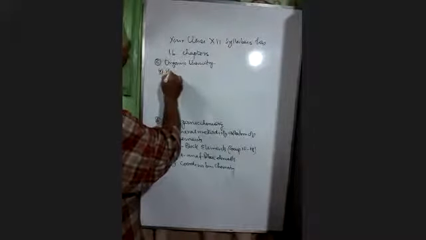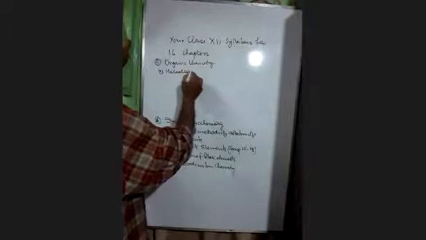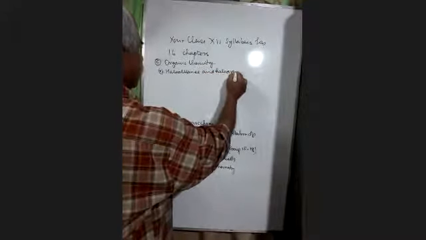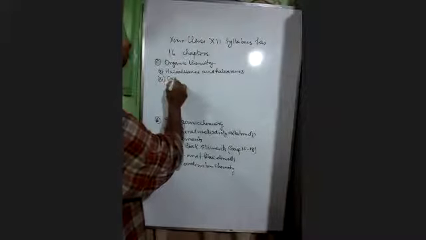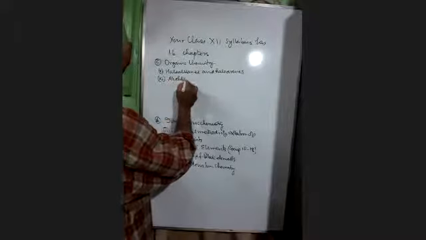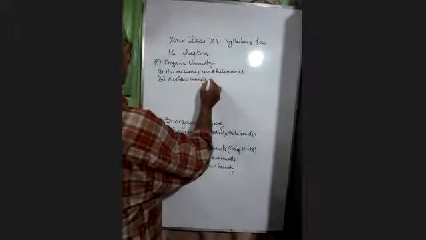Organic chemistry. Haloalkanes and haloarenes. Alcohols, phenols, and ethers.